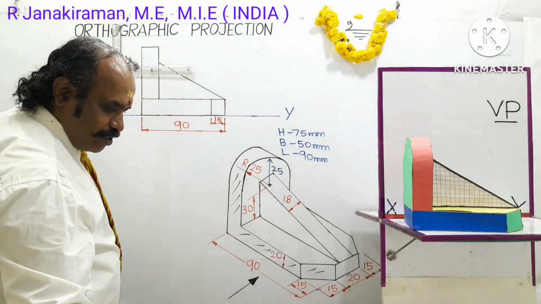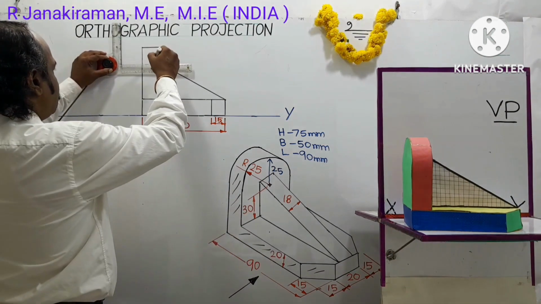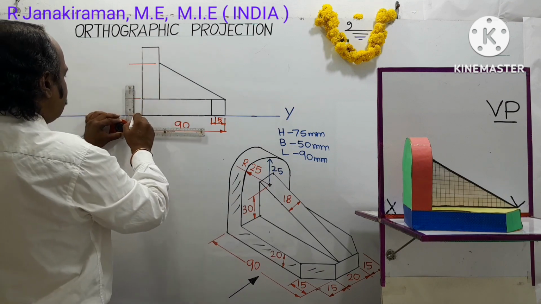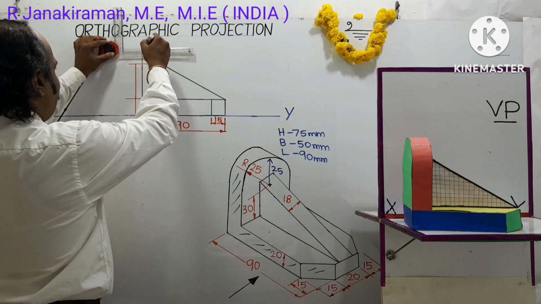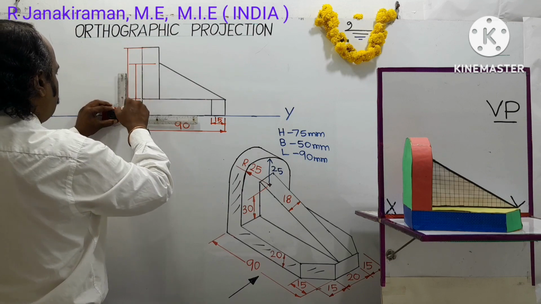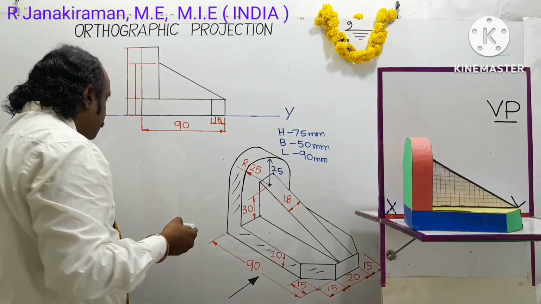For dimensioning, you can use a thin HB pencil lead. This height: base thickness is 20 plus 35. Overall height of the object shall be 75 mm.